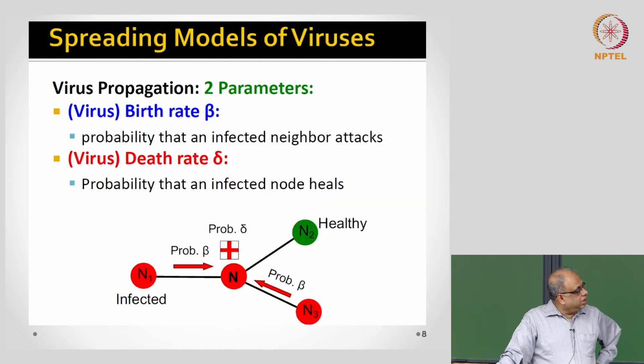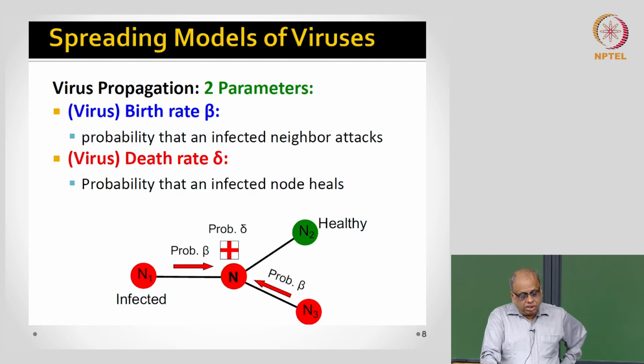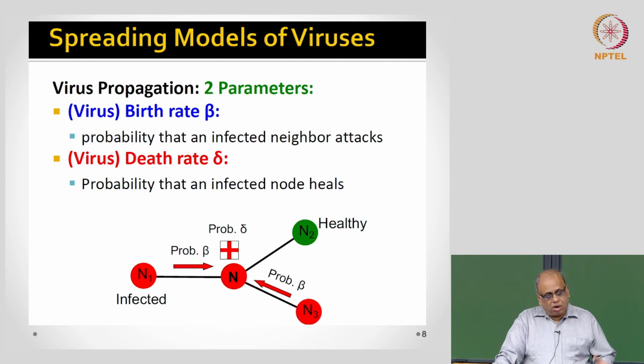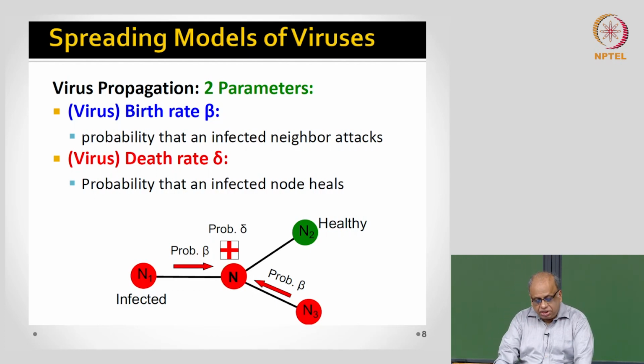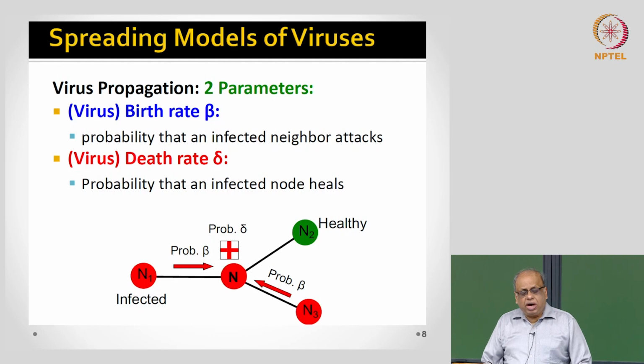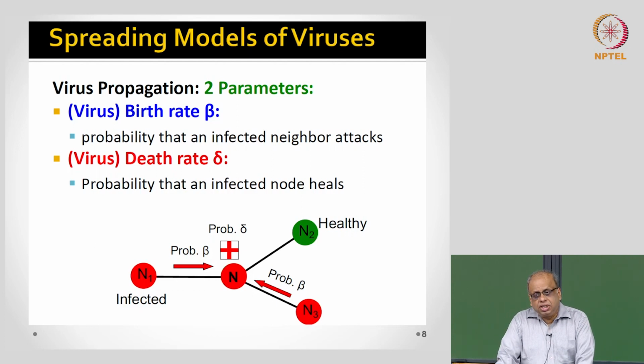So there is this field called epidemiology. It's a combination of statistics and also medical science. That studies how a disease spreads. And one of the things that statisticians were trying to do was to predict when the disease would stop. Around June 2020, there were some studies coming out of IIT Kanpur which said that the disease in India would stop by October, and of course that was a very wrong prediction.